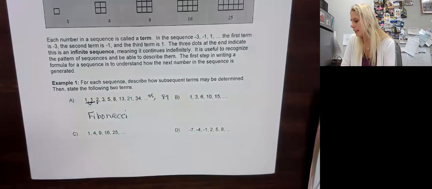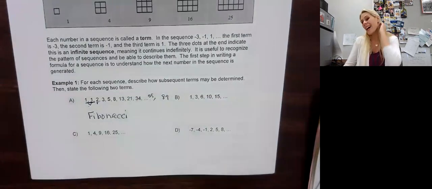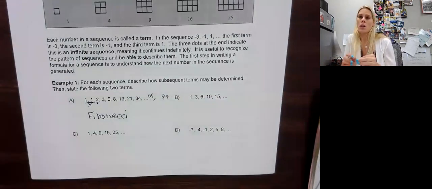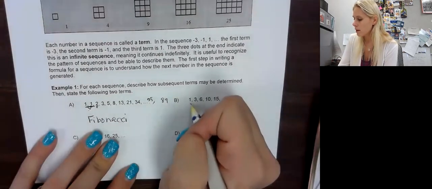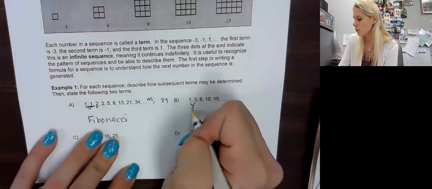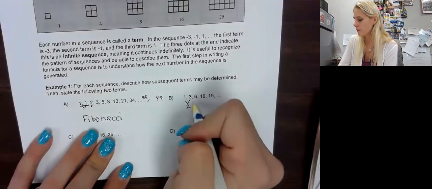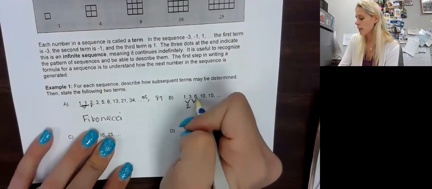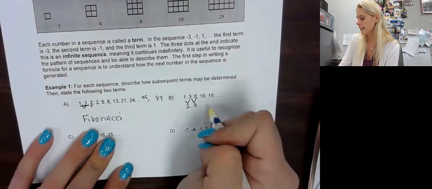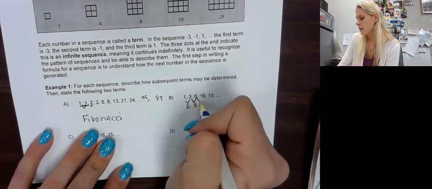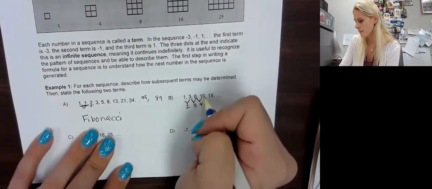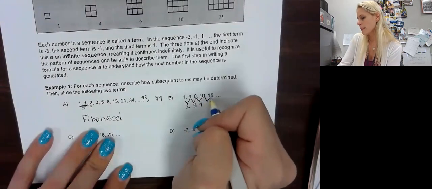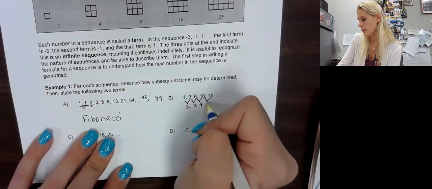All right. B, what do I see here? Well, usually I like to start out with addition to see if there's any connection. So let's try addition. 1 plus 2 is 3. 3 plus 3 is 6. 6 plus 4 is 10. 10 plus 5 is 15.